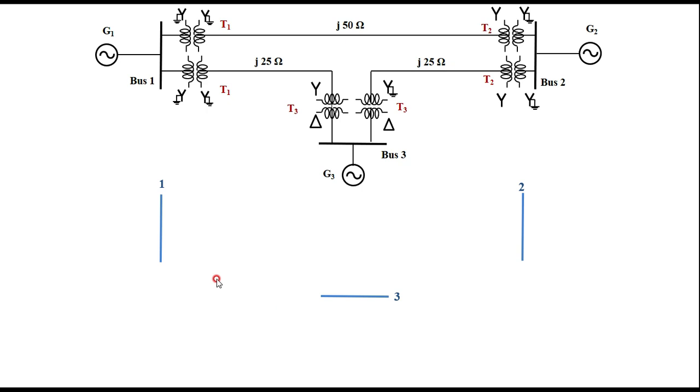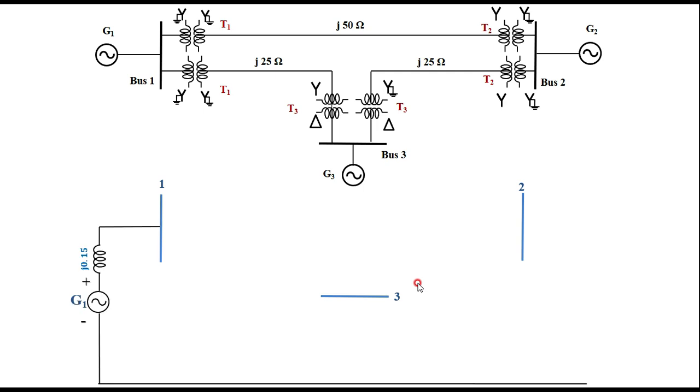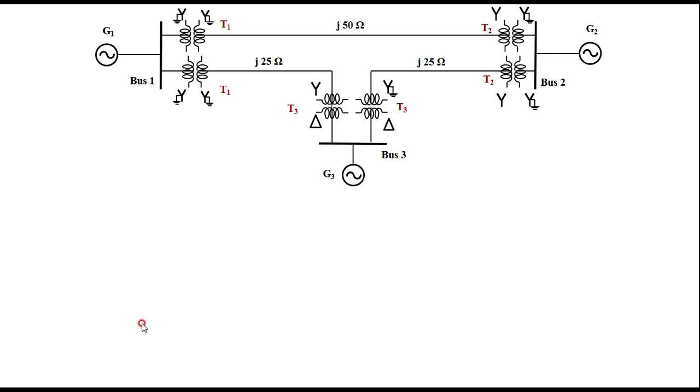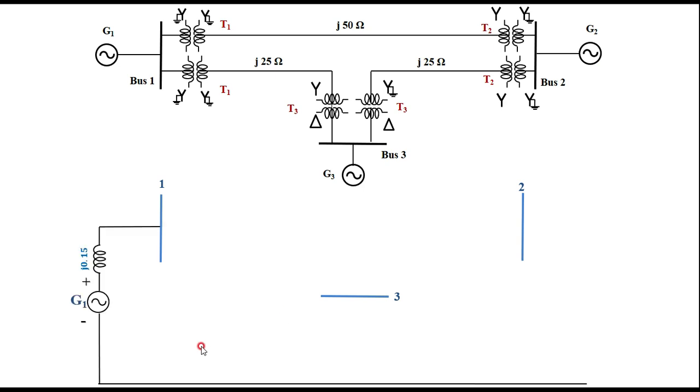Then for drawing, I told you that you have to draw all three buses, bus number 1, 2 and 3. Then we have a ground line here, you can look carefully. I told you G1, G2 and G3 start from the ground point.